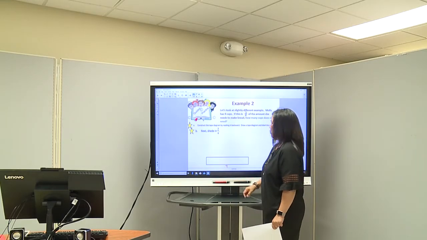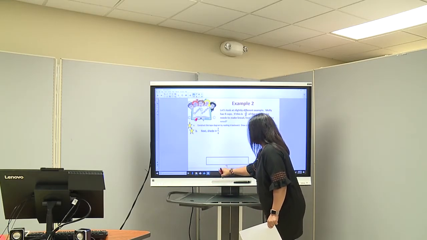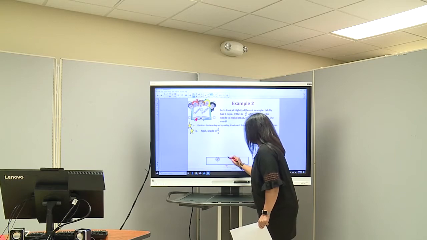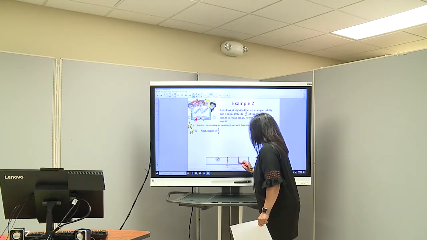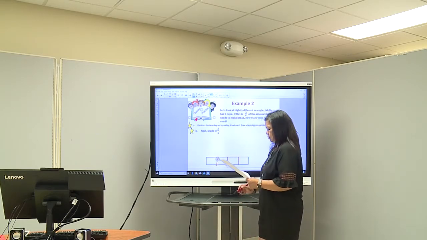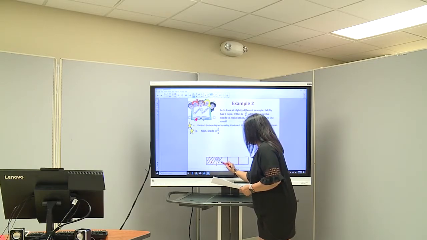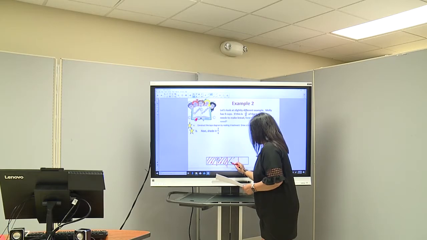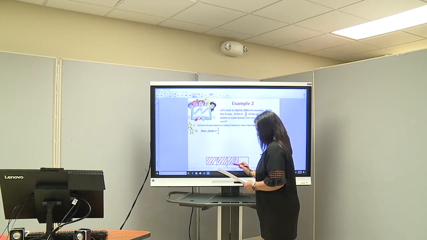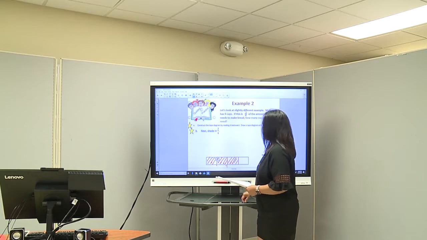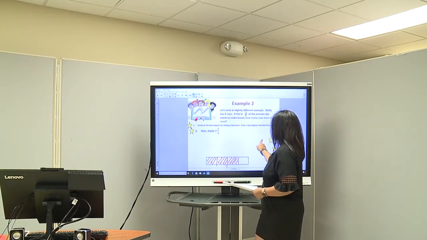Shade in 3/4. So here's my tape diagram. I am going to show 3/4. Shade it in. 1, 2, 3/4. That's done.